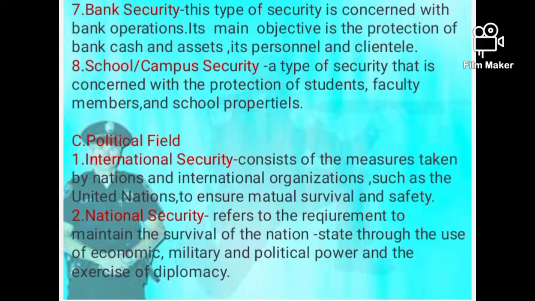International and national securities are a variable link. Number 2. National security refers to the requirement to maintain the survival of the nation-state through the use of economic, military, and political power, and the exercise of diplomacy.